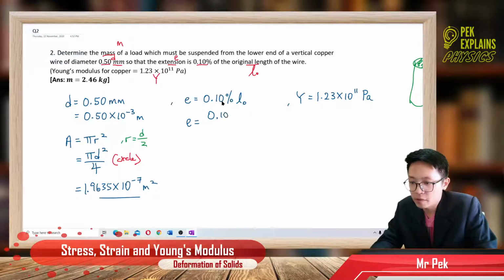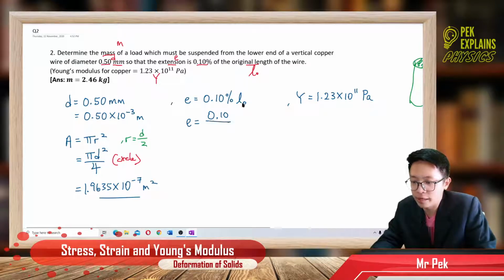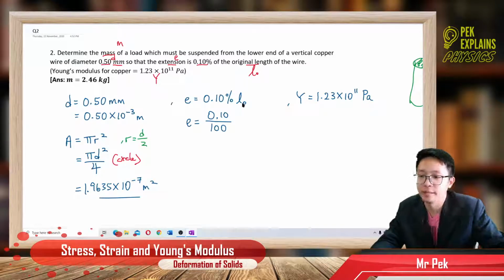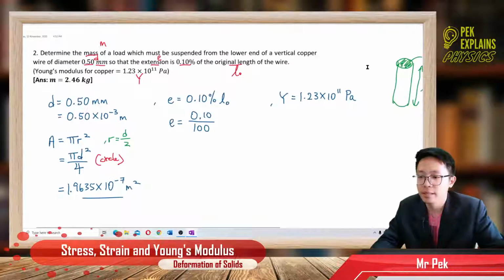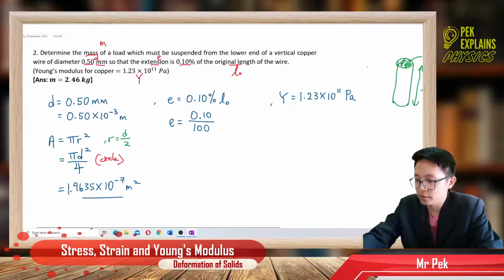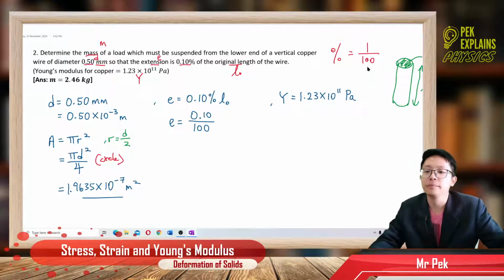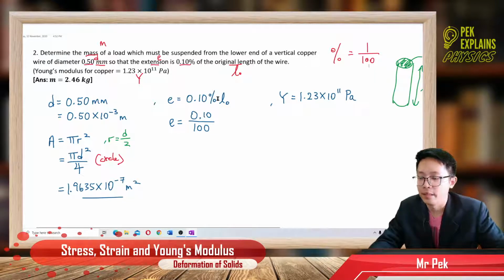Percent is actually divide by 100. It's actually per 100. Yeah. So remember, next time, the percent means it's 1 over 100. Okay. So percent is 1/100.